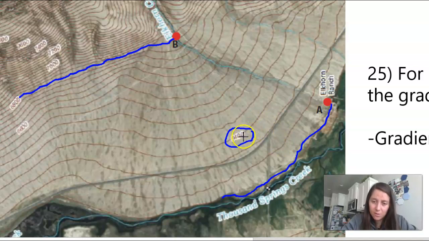So if this is 6,400, the one below is 40 feet under that. The one below that one is 80 feet under this, and then this one is 120 feet under this. So if you subtract 120 from 6,400, that gives you, hopefully you're thinking 6,280 feet. So this is at 6,280. Sorry, I can't really draw numbers very well.